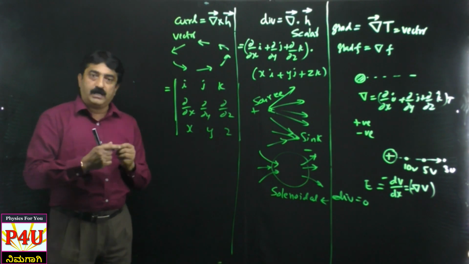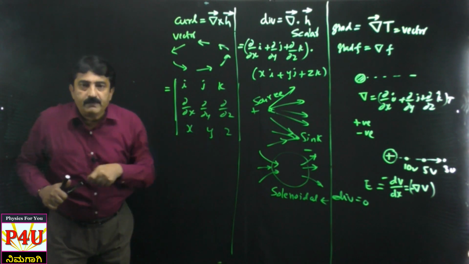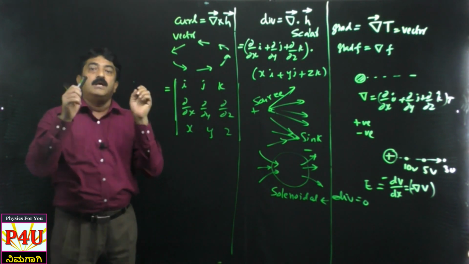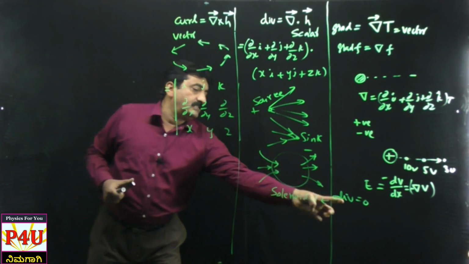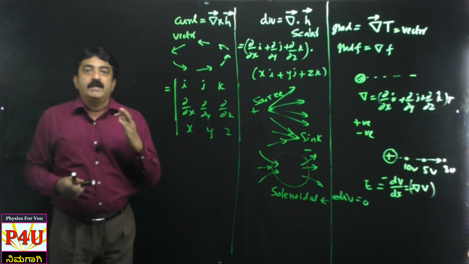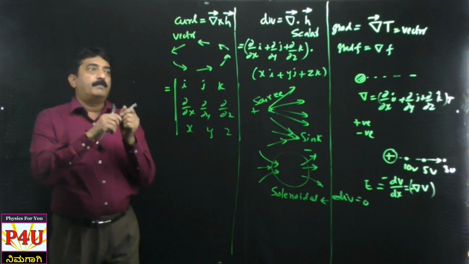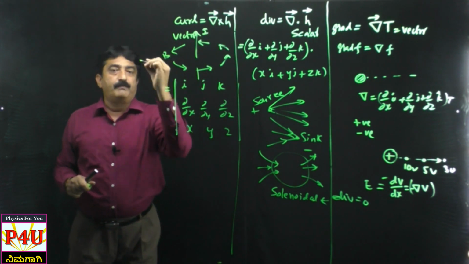Something about curl: curl can be positive, that is clockwise rotation, or negative, anti-clockwise rotation. Zero means irrotational. If the divergence is zero, we call it solenoidal. If curl is zero, we call it irrotational. The best example for curl is a straight conductor carrying current, with the magnetic field produced around it.